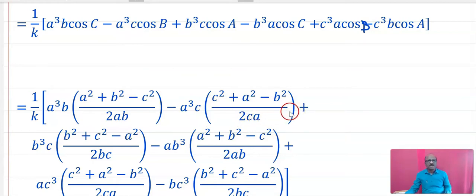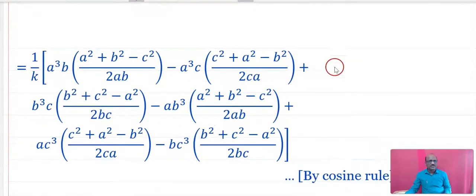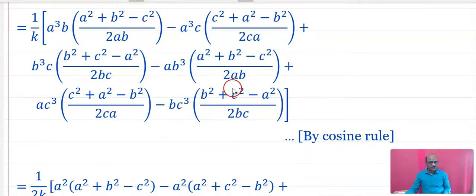Plus next is b cube c, the value of cos A, that is (b square plus c square minus a square) upon 2bc, and next is minus a b cube and the value of cos C, (a square plus b square minus c square) upon 2ab, plus next is a c cube and the value of cos B, (c square plus a square minus b square) upon 2ca, and the last is the value of cos A, that is minus b c cube (b square plus c square minus a square) upon 2bc, by using the cosine rule.